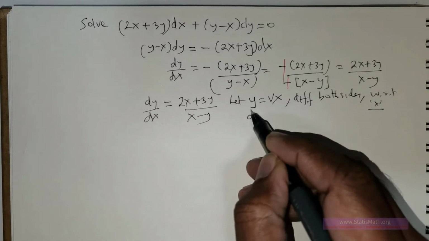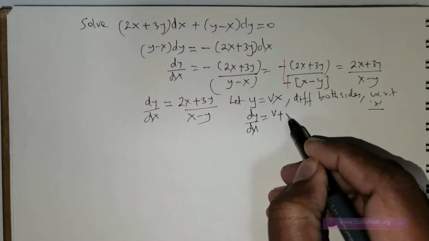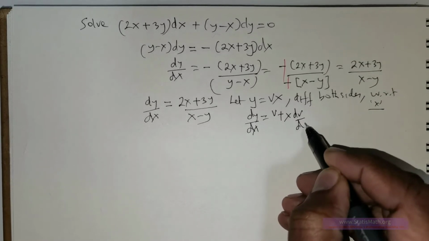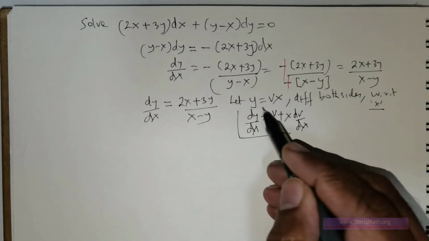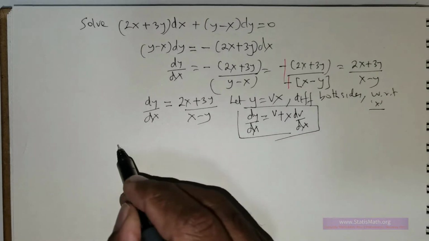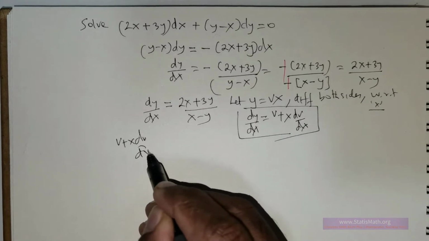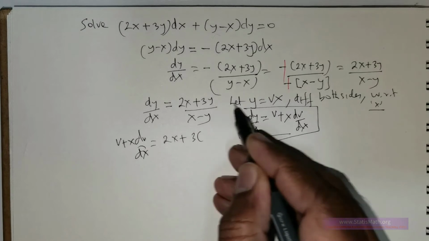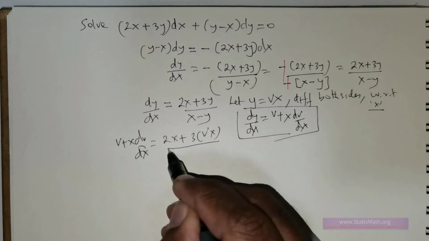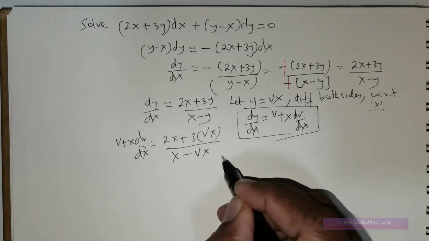So we get dy/dx = v + x dv/dx. Now in place of dy/dx I would be substituting this quantity, so that's going to be v + x dv/dx = (2x + 3 times vx) divided by (x − vx).